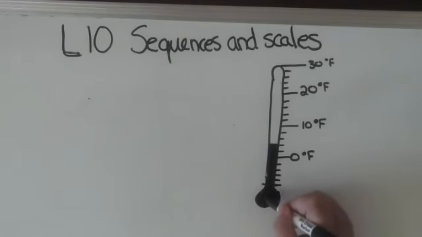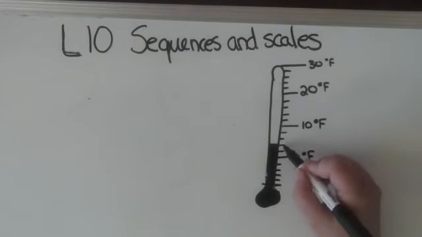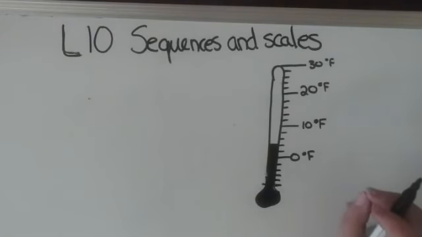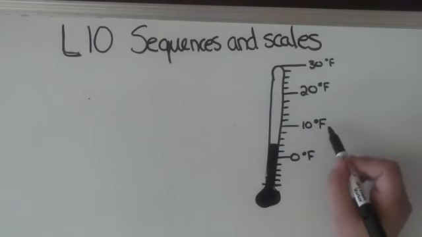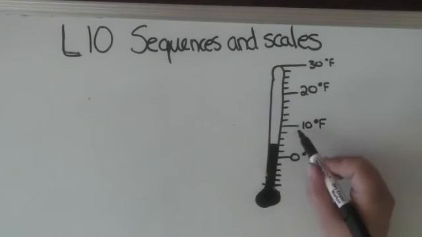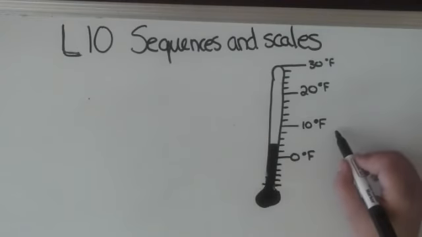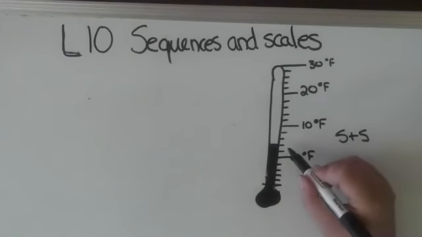Because our first reaction is to say, oh, the increments are 1, and then we count up from 0, 1, 2. Oh, it's 2 degrees Fahrenheit. Check, because it's not. If I were counting up in increments of 1, this would be 1, 2, 3, 4, 5. But this says 10 degrees Fahrenheit. If it takes 5 increments to get to 10 degrees Fahrenheit, 10 is double 5, so 10 is 5 plus 5, which means these are probably double.